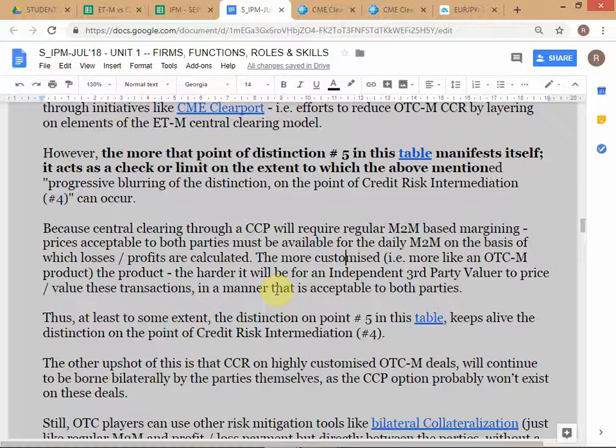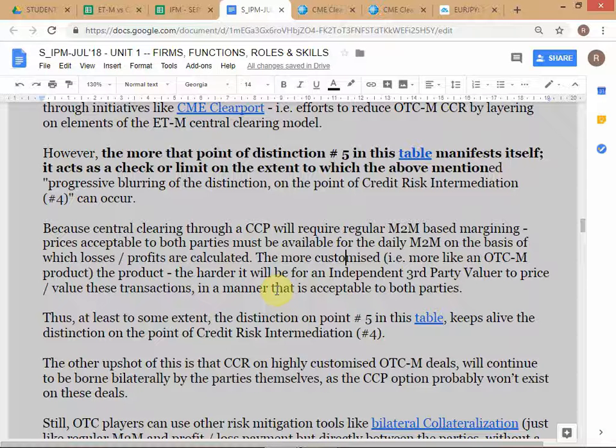Now if the transaction is so customized and such an exotic transaction, then you are not likely to find a price for it so easily in the market, because daily settlement of profits and losses requires everybody to agree on what the price is. If I ask what dollar-yen closing in New York is, that's very easy to find out and nobody's going to argue about it, because it's a well-known figure and everybody's trading in it.